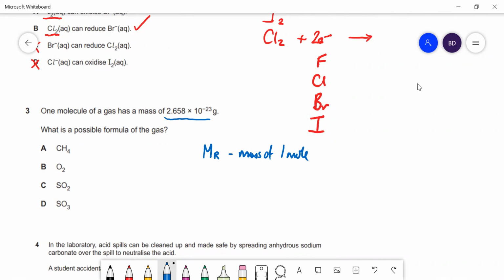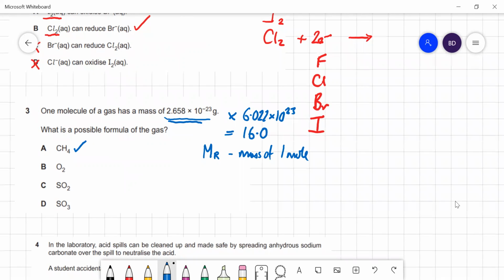Here we've got the mass of 1 molecule, so we have to multiply that by the Avogadro constant to give us the mass of 1 mole. If you do that, that is equal to 16.0 or something. So the molecular mass is 16, and methane has an MR of 16. O2, of course, is 32, and the others are much bigger. So A is the answer there.